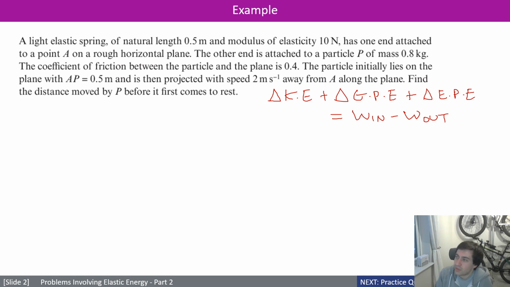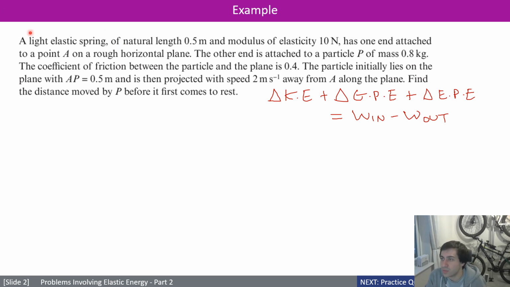And the reason you're going to be using work in and work out, remember, work out tends to be caused by things like friction, which are transferring energy out of the system, and work in tends to be caused by things like motors or driving forces or hands pushing things, generally forces being applied over a distance, which are other than gravity or the tension from an elastic string.